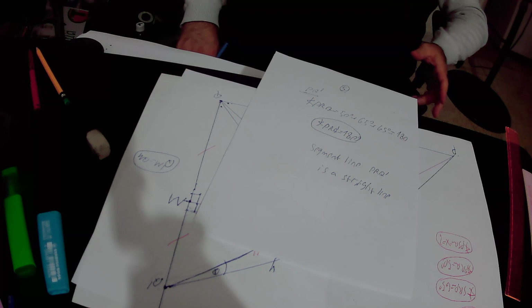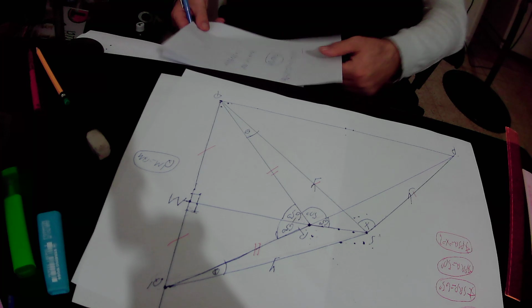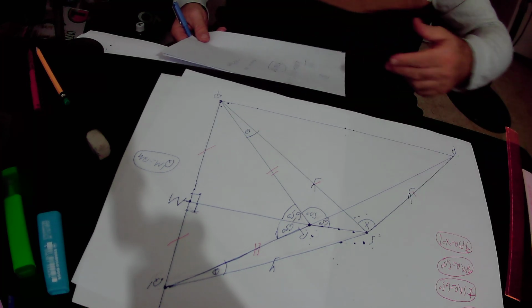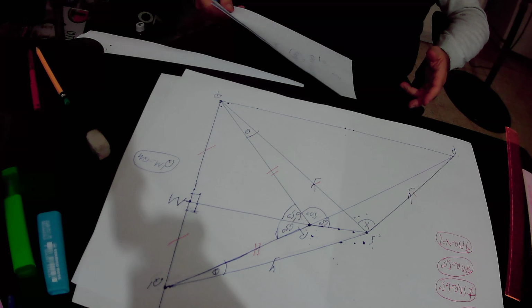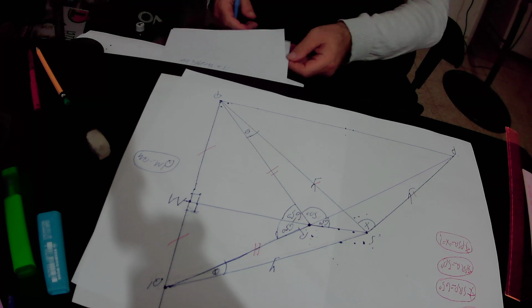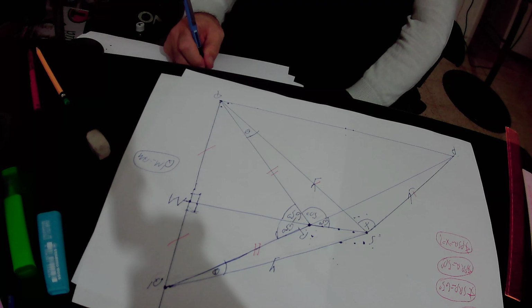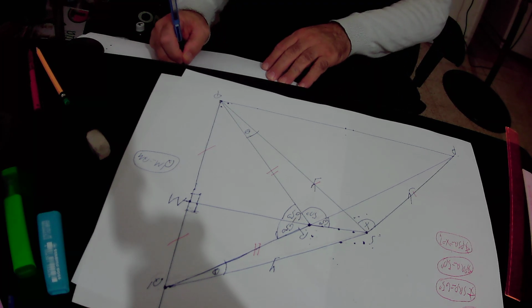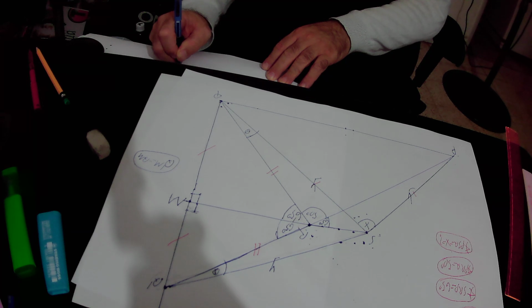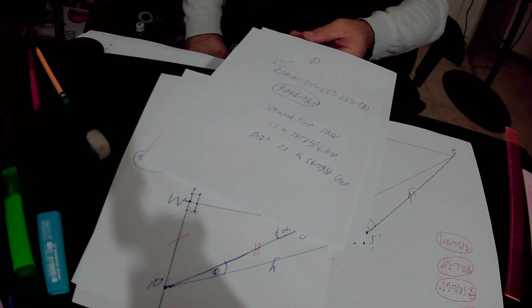And again I will repeat that any angle that equals 180 degrees is a straight line. Therefore, PRQ dash is a straight line, and if PRQ dash is a straight line, PQ dash is also a straight line. So we can conclude that PQ dash is a straight line.